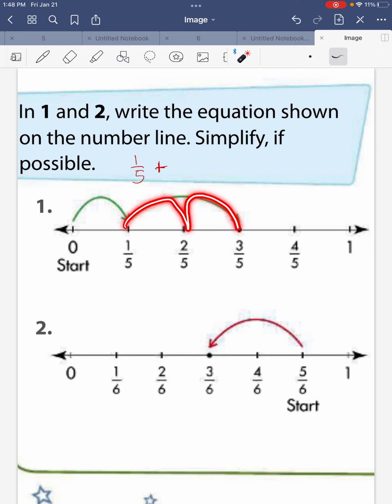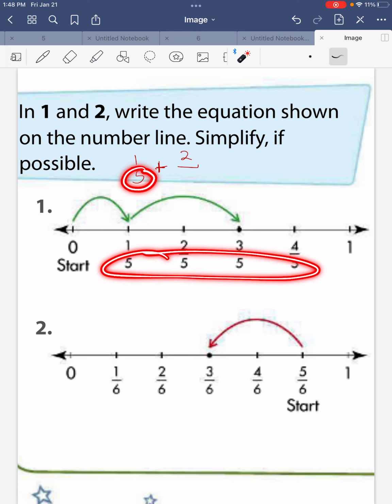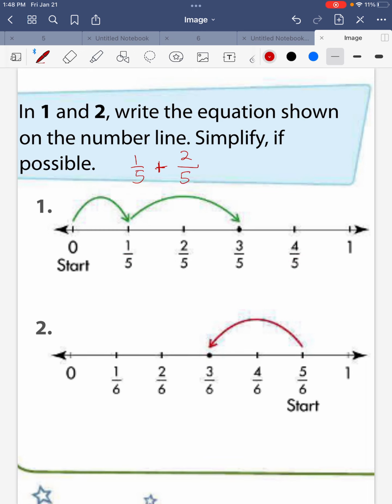So that means if I move 1, 2, I'm going to put 2 over, and I'm going to keep the denominator that is here. I'm going to keep the 5, okay? They do 1/5 plus 2/5. That's what they did. If you add that, put your fraction bar, you keep your denominator, and you get 5.